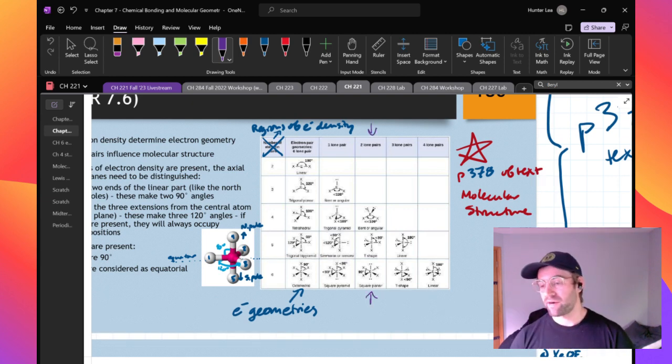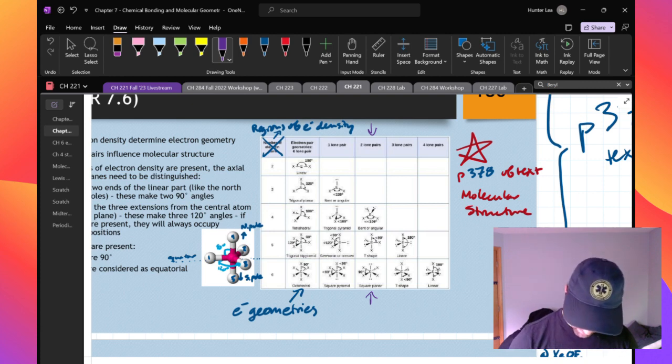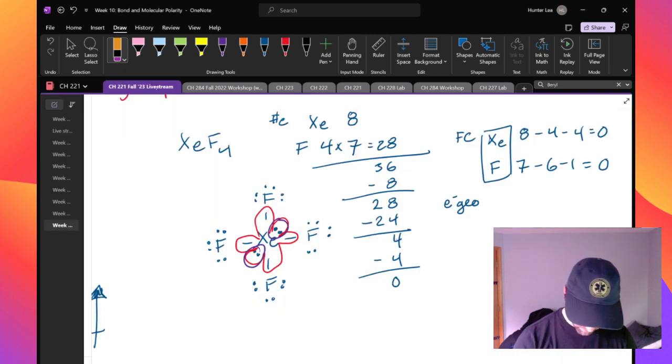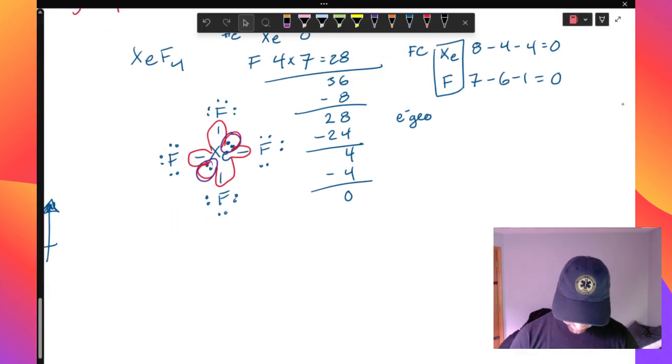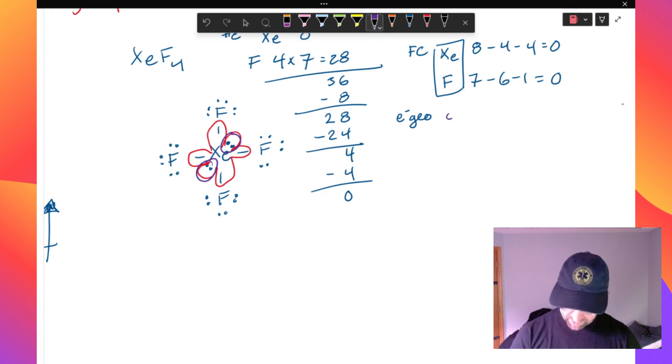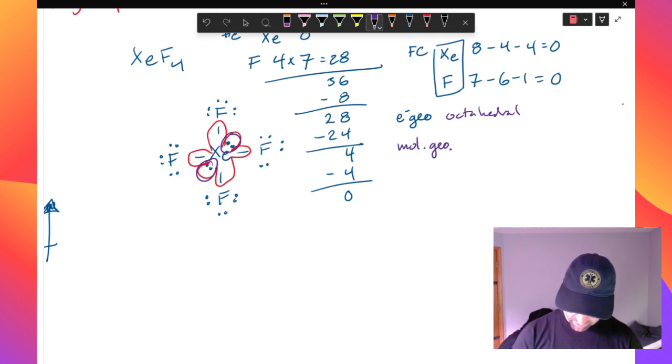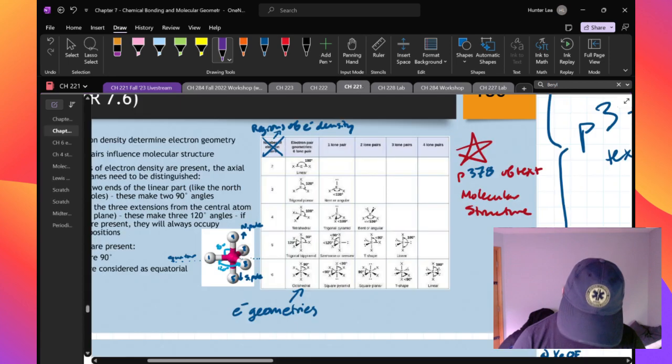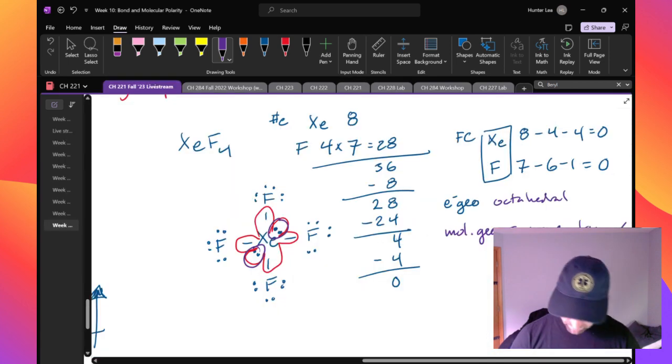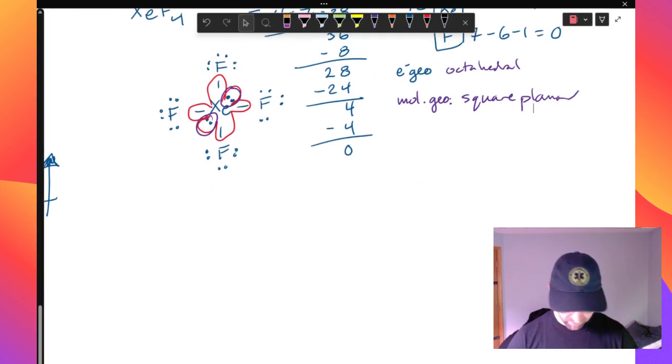This would be a square planar molecule. We said that would be octahedral, and our molecular geometry is square. Did I say square planar? I said square planar.